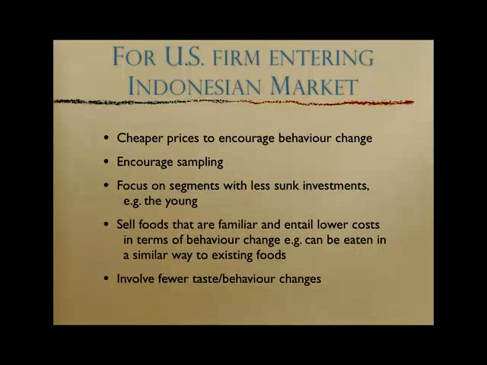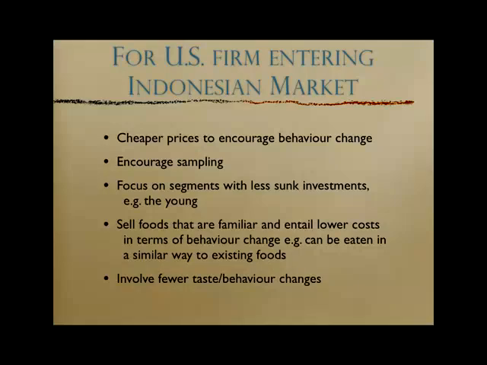For example, the young would not have as high sunk investments in existing Indonesian foods as, say, the elderly. That's one of the reasons why many fast food manufacturers, when they enter a new market, often focus on younger consumers, because younger consumers may be more willing to experience new tastes and try out new types of products, because they don't have as high a level of sunk investments in existing offerings.